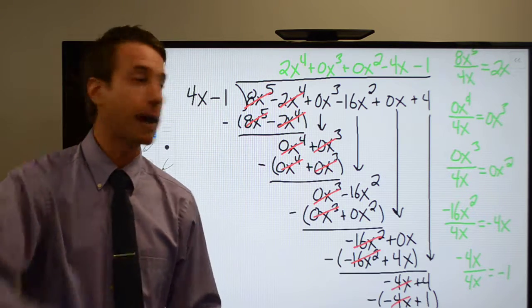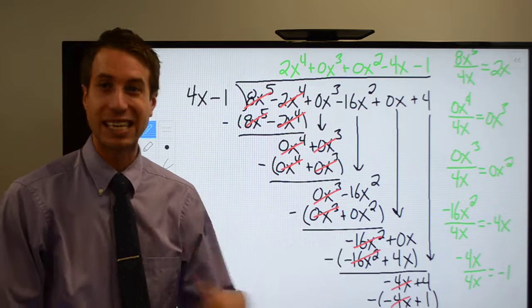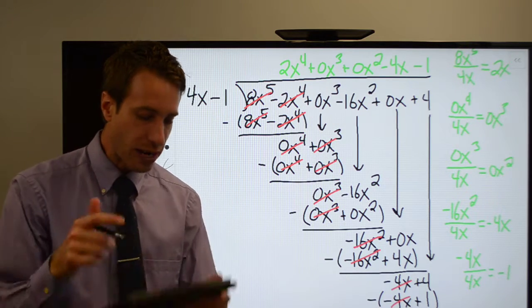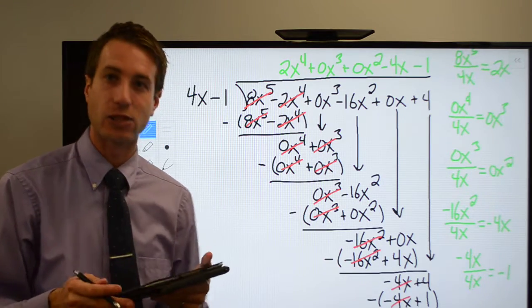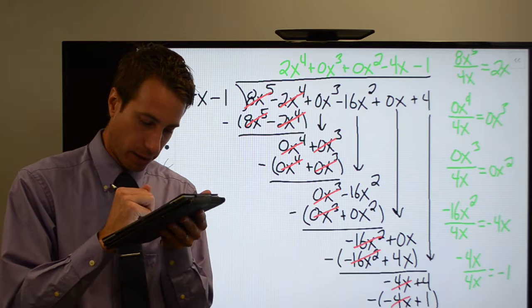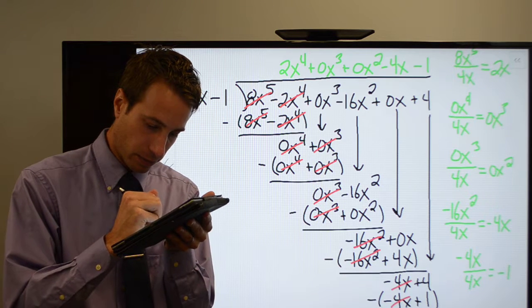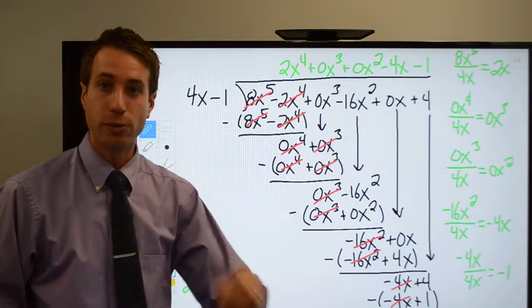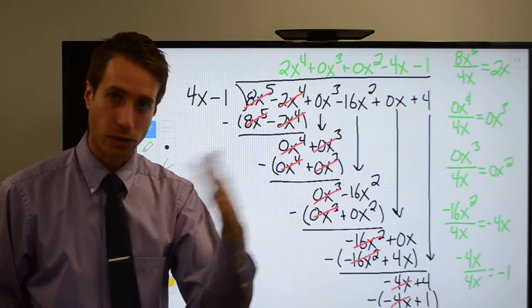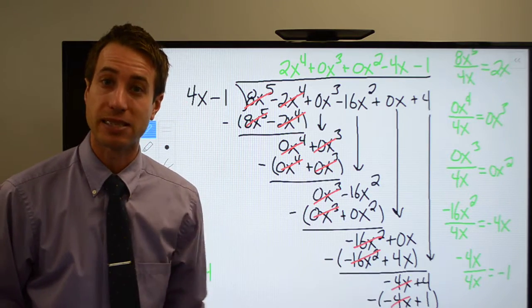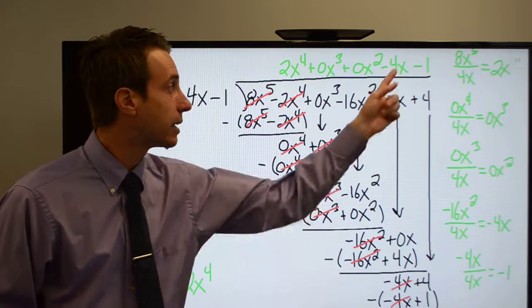Now, I kept a whole bunch of stuff with zeros in it because I needed the placeholders, but it is now time to get rid of those. I don't need them anymore. And so your final answer: 2x to the 4th, 0x cubed is just going to be 0, so I don't need it. 0x squared is just going to be 0, so I don't need it.